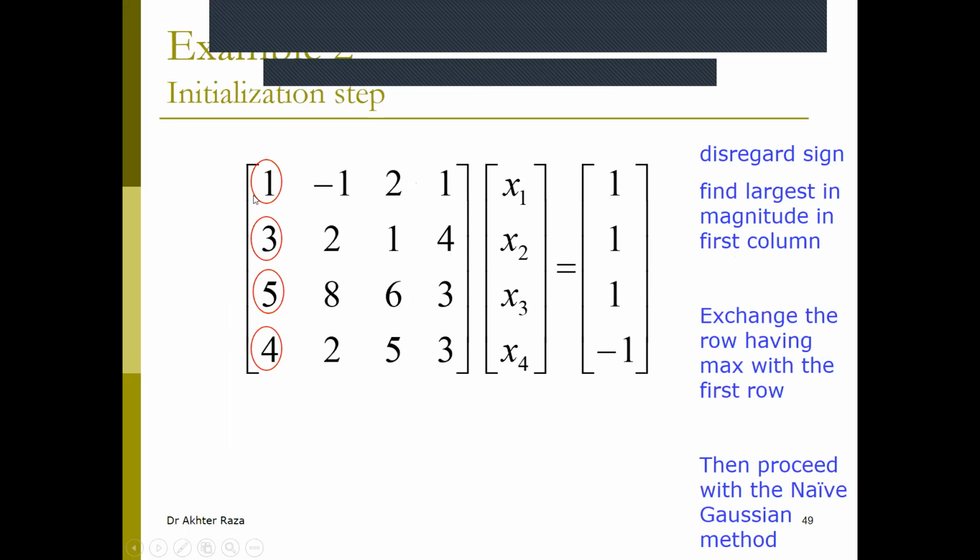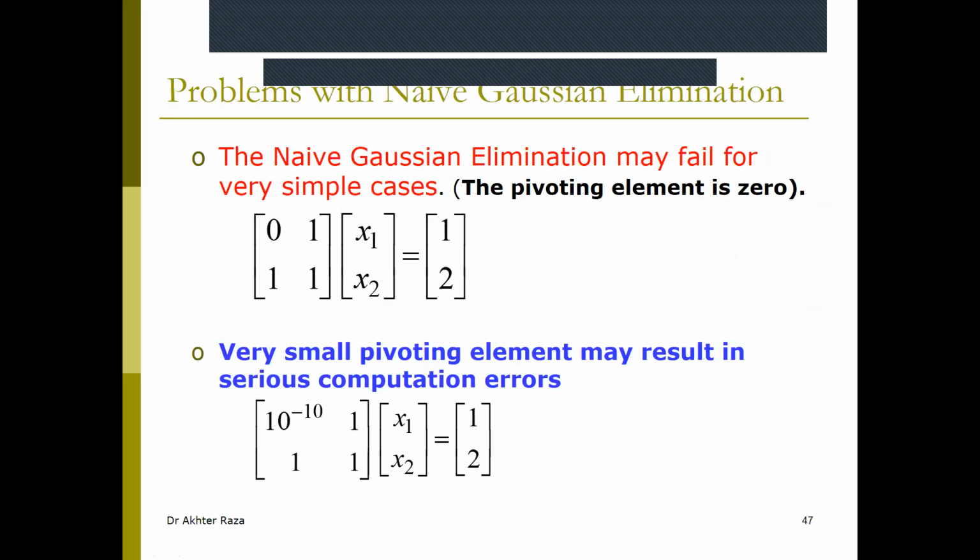So interchange row number 1 and row number 3, sorry. So 5 will become here and 1 will become here. This step is known as an additional step. This step ensures that if we have sometimes 0 in the element, then by changing the rows, that 0 will be the second element and the first element becomes 1.